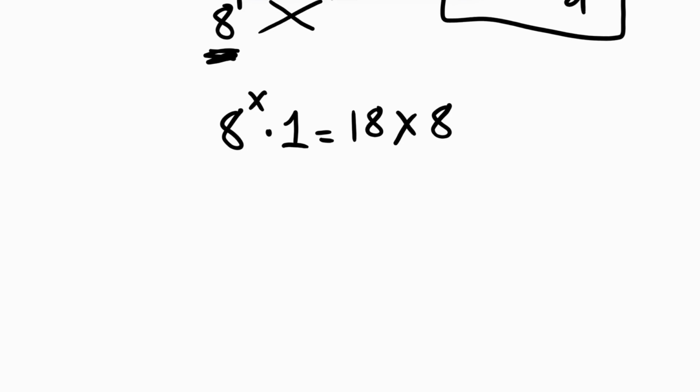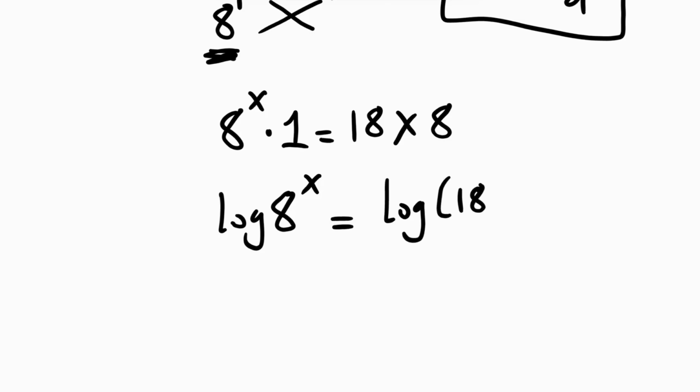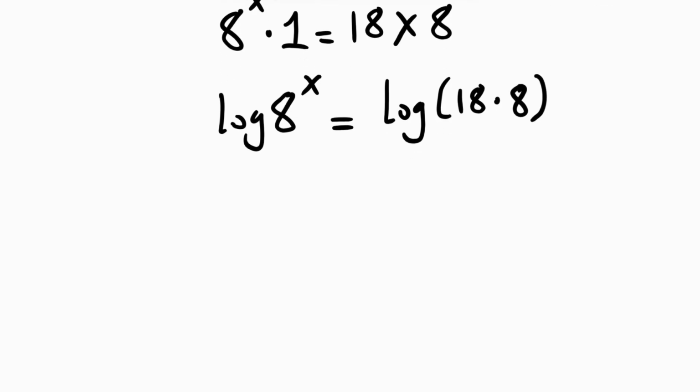Now, what do we do here? We can apply log to both sides. So now we have log of 8 raised to power x equals log of 18 times 8. So this x comes to the front here.